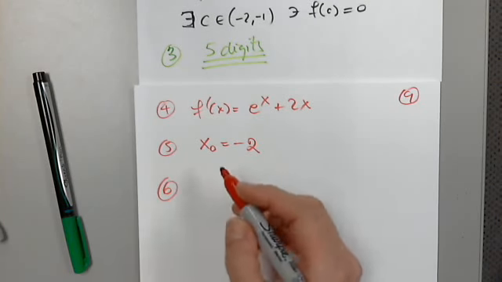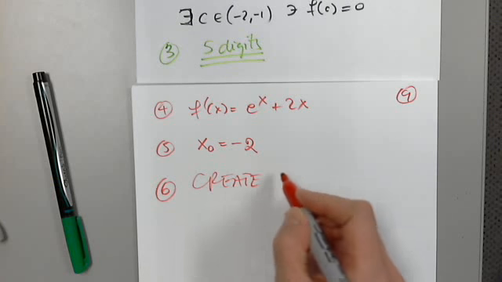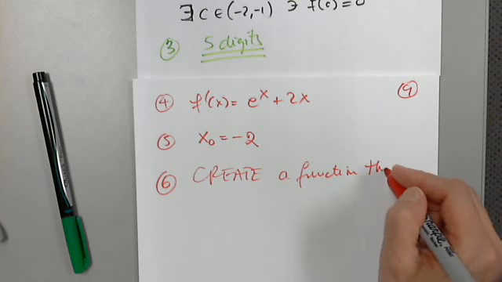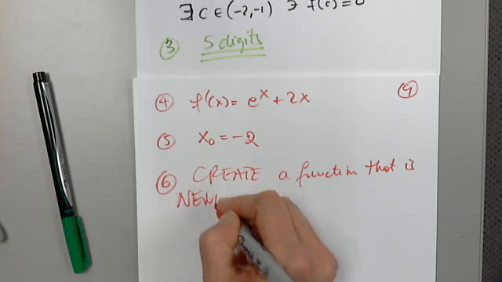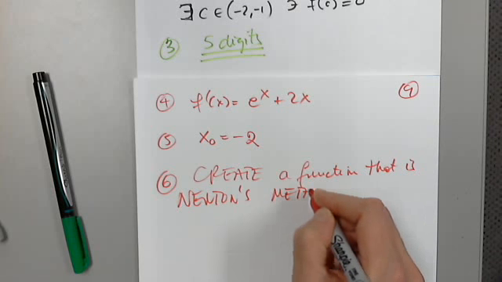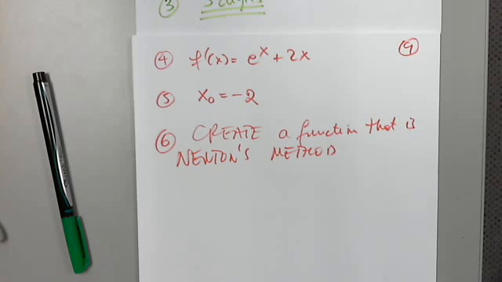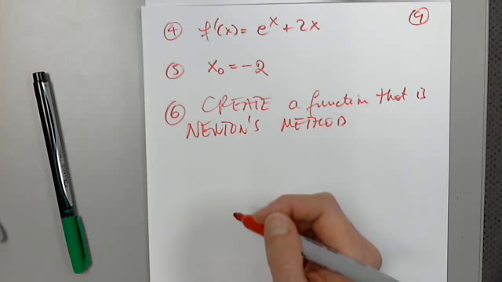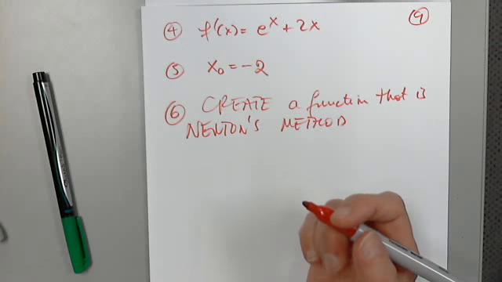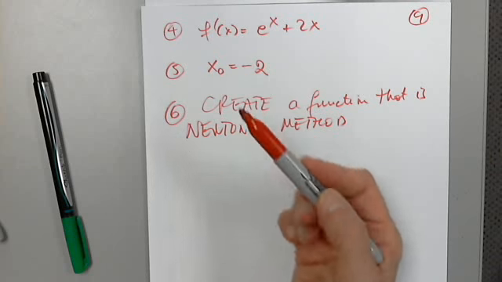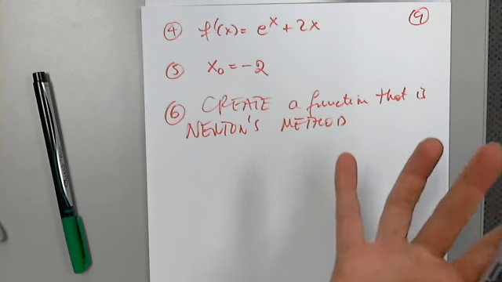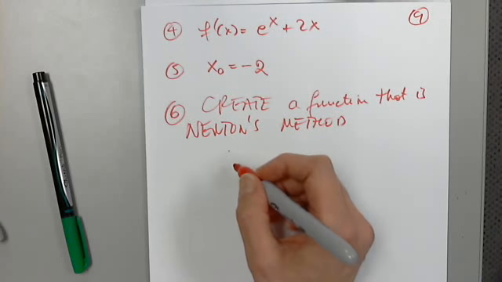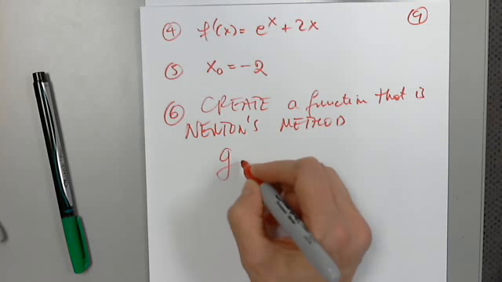And in step 6, we want to create a function that is Newton's method, that I could put in the graphing calculator. How do you want to call this function? Let's give it a name. This is f, and this one will be... Okay, let's say g of x.